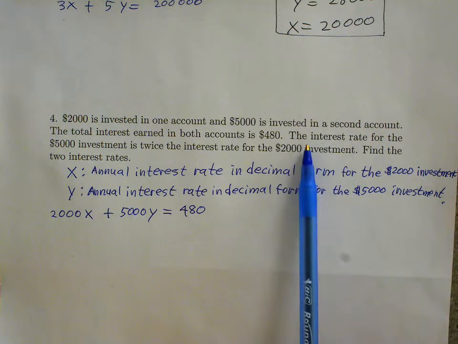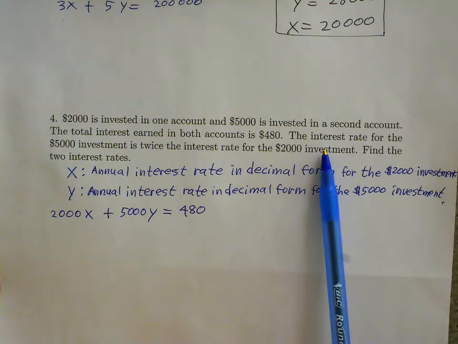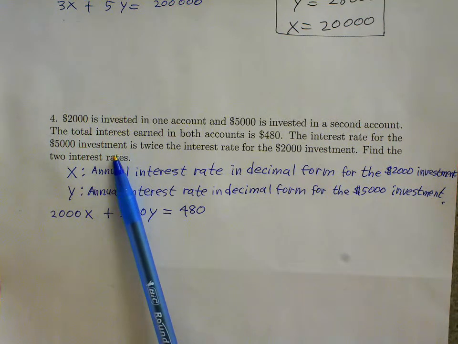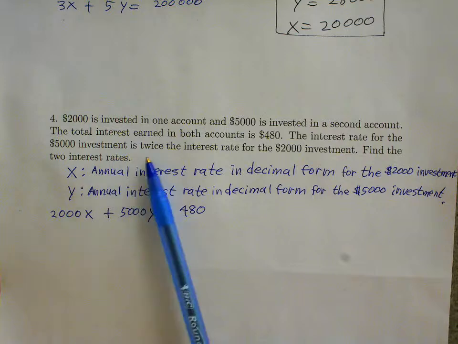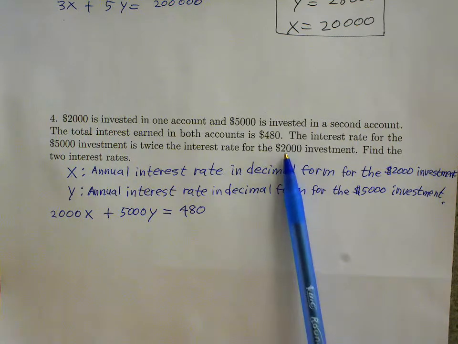Okay, then in the third sentence, we're given more information about the interest rates. This one says the interest rate for the $5,000 investment is twice the interest rate for the $2,000 investment.